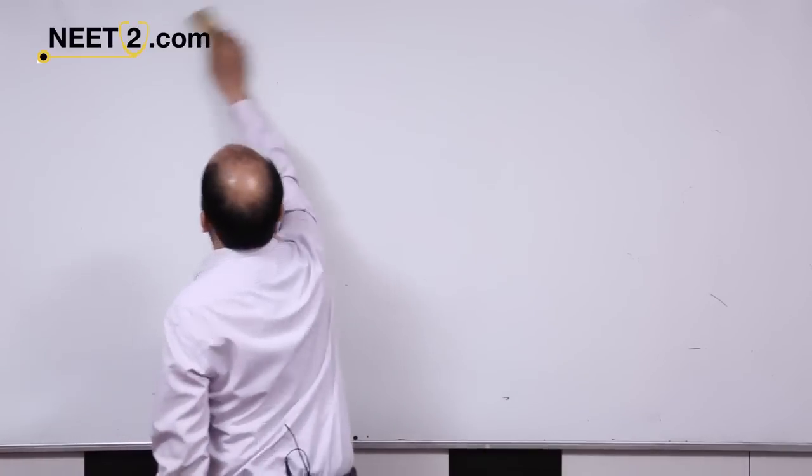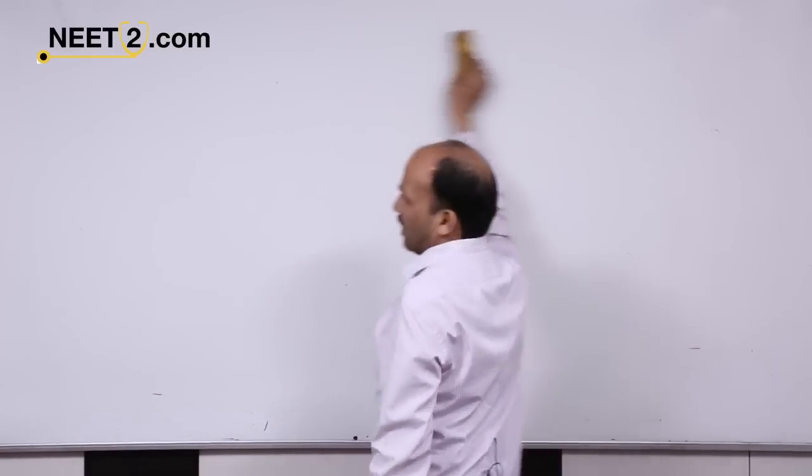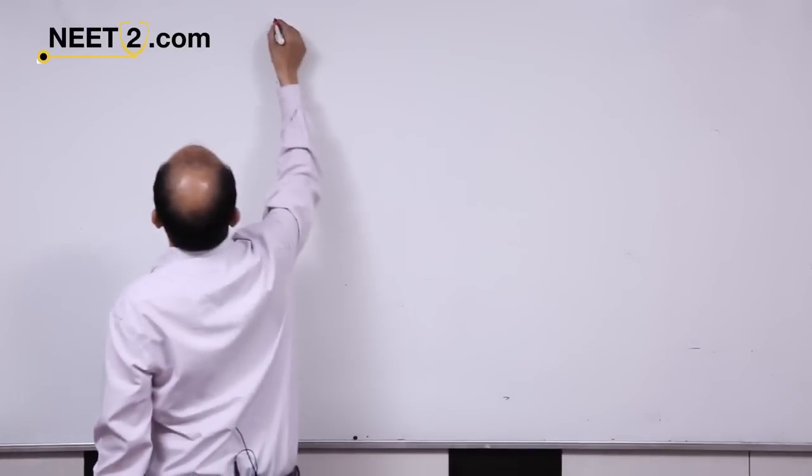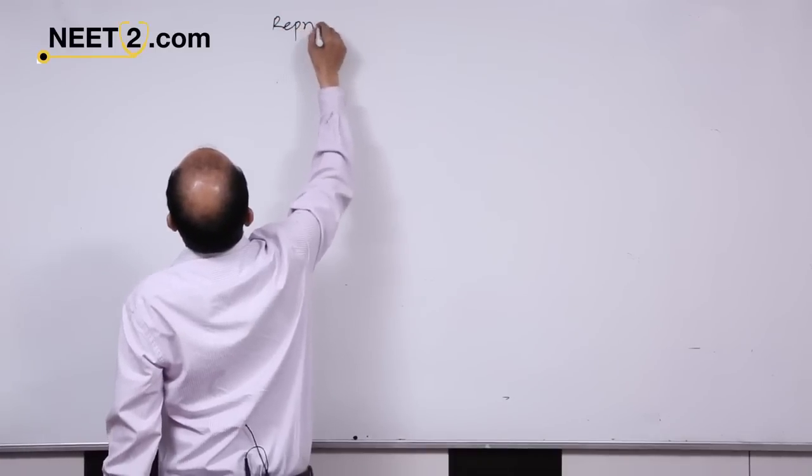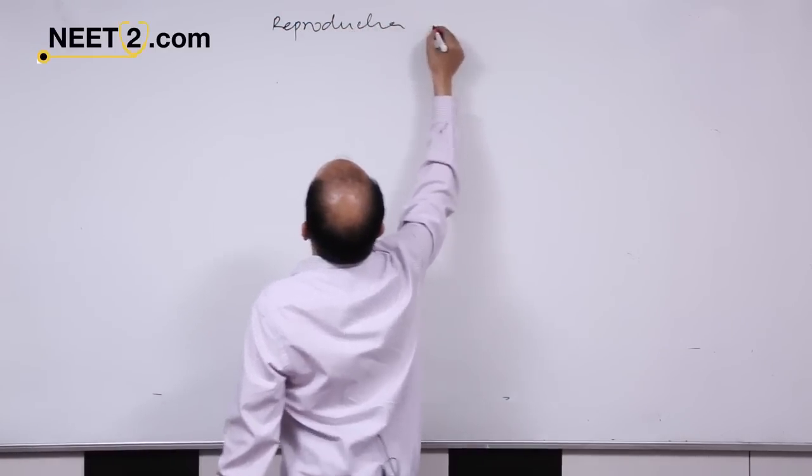So here we will talk about plant reproduction in flowering plants, because the first chapter, that is a very general account, we have already discussed while discussing the diversity of life forms. Now reproduction in flowering plants, that is anthophyta or angiosperms, is the topic we have to discuss.